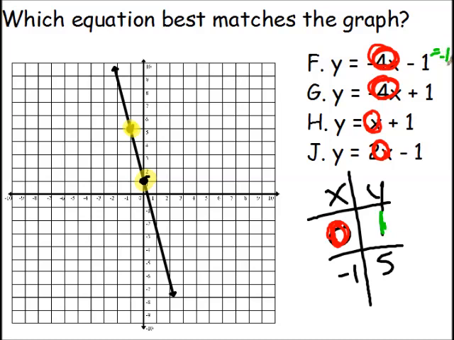For g, I would get 0 plus 1 is +1. For h, I would get 0 plus 1 is +1. And for j, I would get 0 minus 1 is -1. I should get a +1. So the ones I didn't get a +1 on were f and j. I can eliminate those two answer choices.